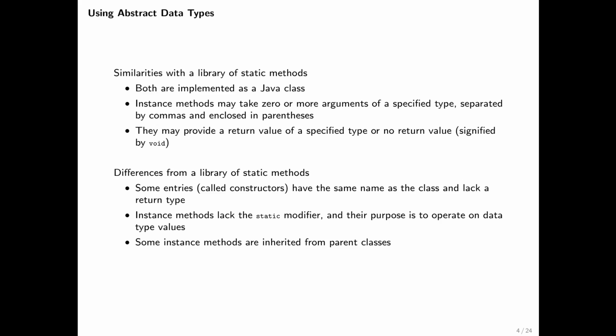So it turns out that you can have one ADT inherit from another, and some of the instance methods are inherited from the parent ADT. So these are some of the differences of an ADT from a library of static methods. The two, ADTs and a library of static methods, are similar in many ways, but they also have some significant differences.